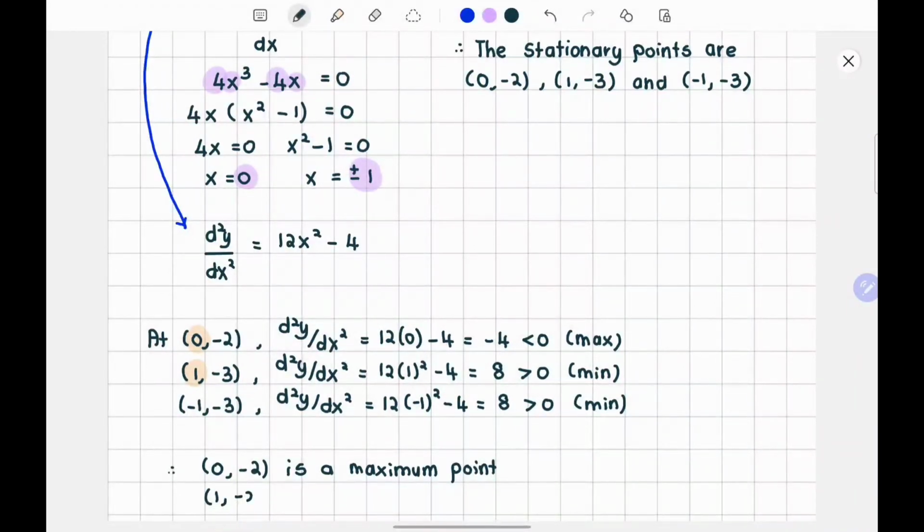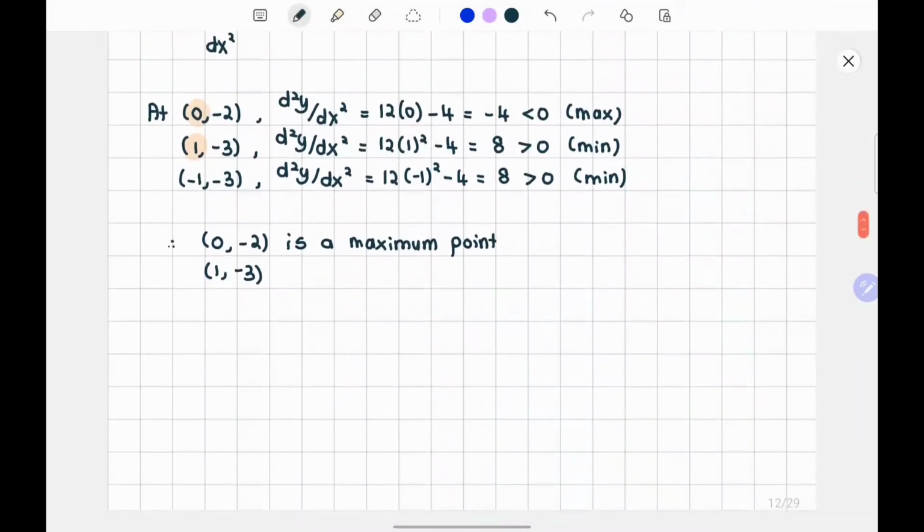Point 1, negative 3 is a minimum point. And last point is negative 1, negative 3 is a minimum point.